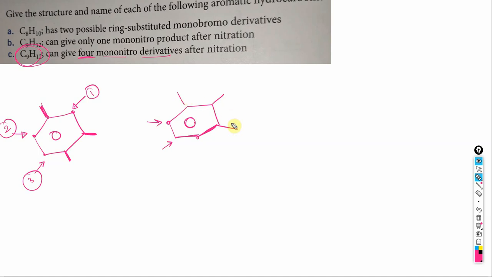So when you have 3 methyl groups, you cannot have 4 different mononitration products, which means we should open up one more location in the molecule. Therefore, I'm going to combine the 2 carbons, make it an ethyl, make this a methyl. Now this is a distinct center, because if you nitrate at this location, it's going to give you one product. If you nitrate here on that carbon, you'll get a different product.